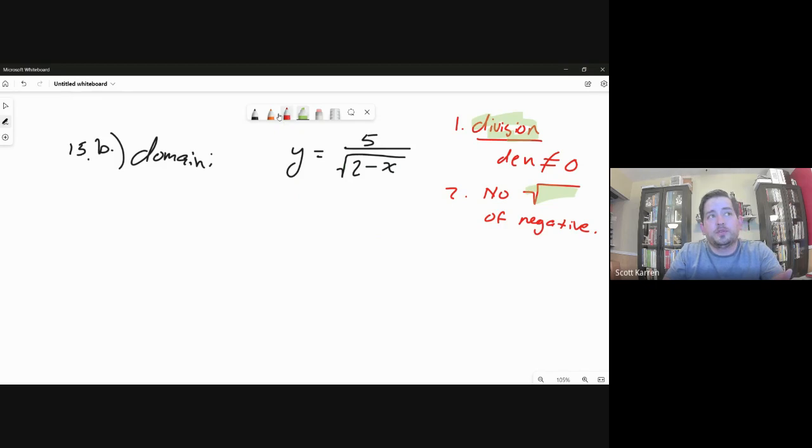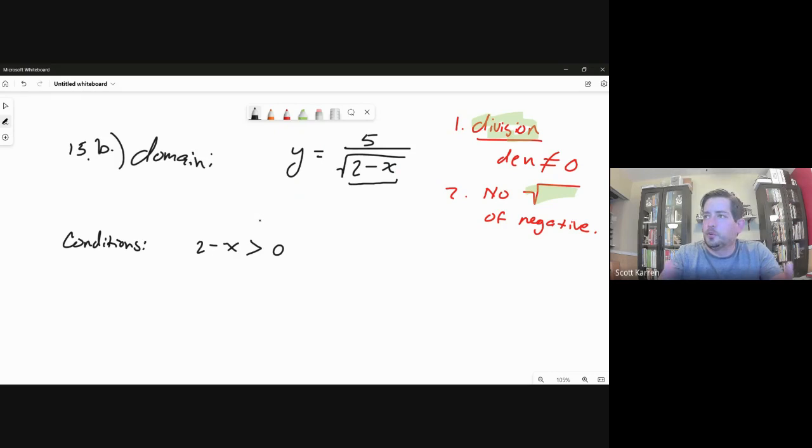So I have to take both of these into consideration, but I can take them into consideration simultaneously, noting that the denominator not being equal to 0 simply means that what's under this square root has to be strictly a positive number. I just can't let it be 0, otherwise I'm dividing by 0. And so my conditions here are that this 2 minus x that is under the square root has to be greater than 0.